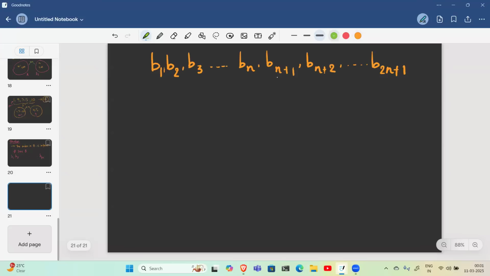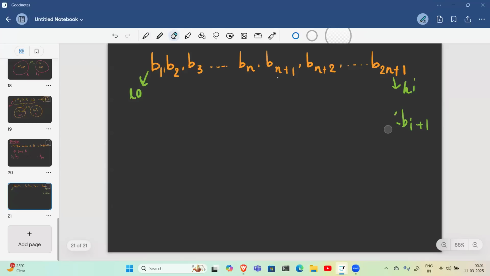Let me call b1 as low and b2n plus 1 as high. So b1 is low, b2n plus 1 is high, and this is sorted order. Basically every bi is less than bi plus 1, not even equal to, because it has been given that the integers are distinct. So bi is strictly less than bi plus 1. That we know.